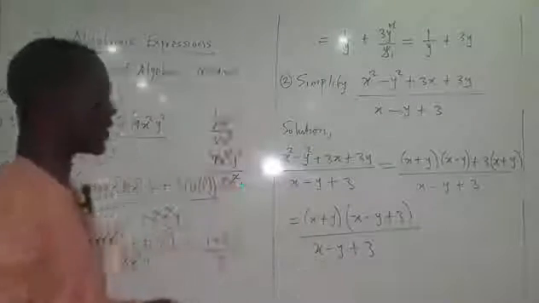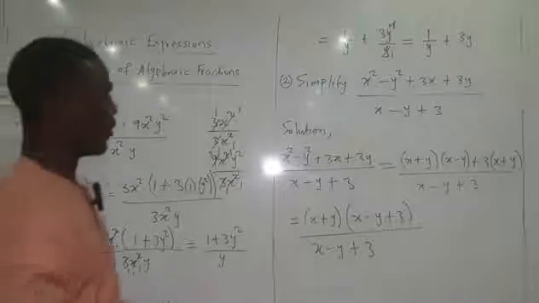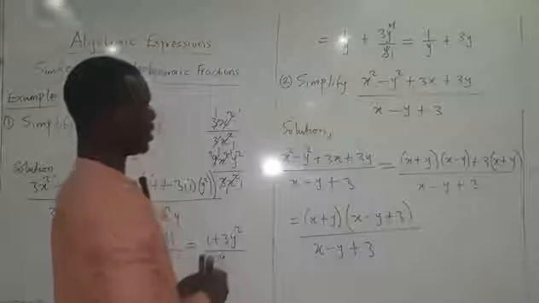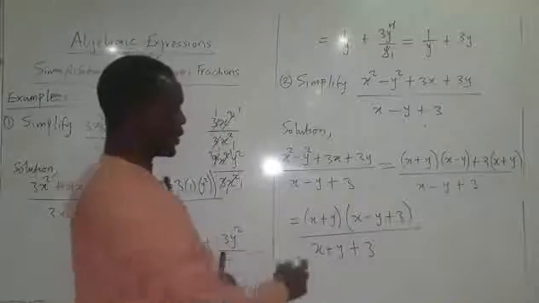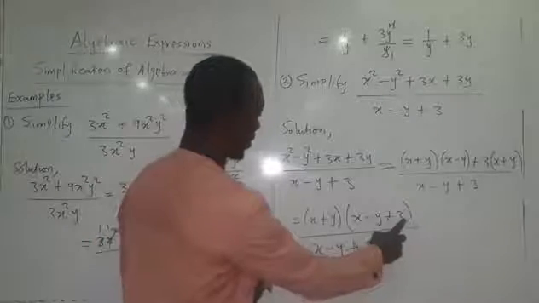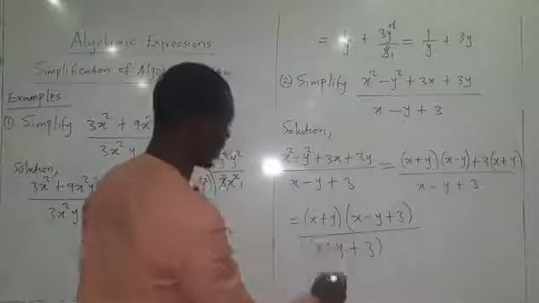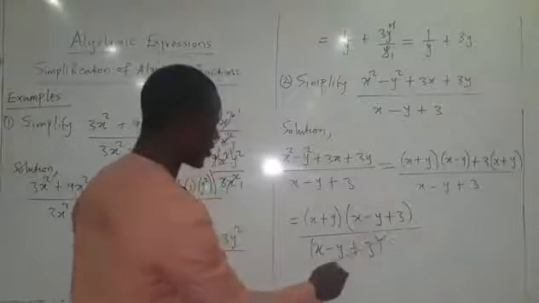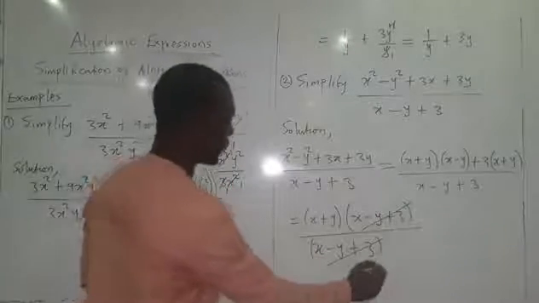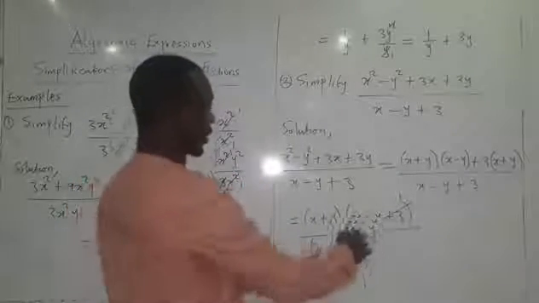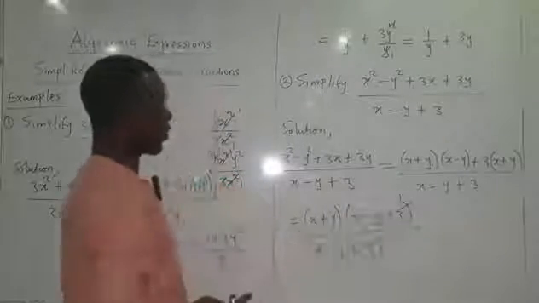If you now look at our numerator and denominator, we have a common factor, x minus y plus 3 and x minus y plus 3. If you like, you can put it in brackets, then cut once and cut once, so here 1, here 1. You don't just cut x and cut y. No, it's not like that.